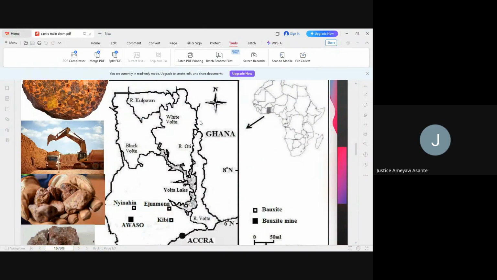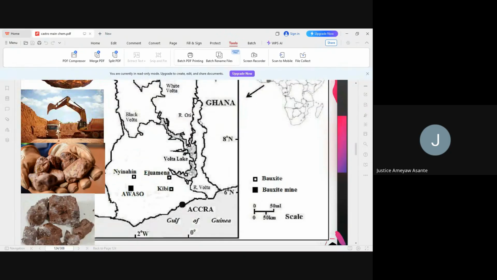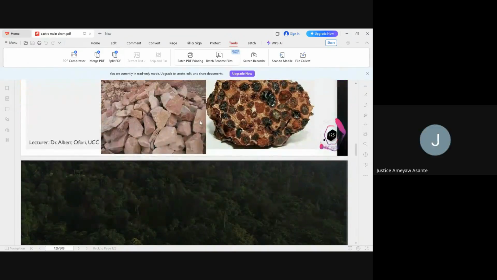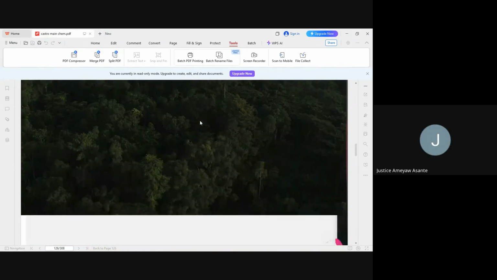So in Ghana here, you can locate these minerals, the bauxites, at Awaso, and Kibi. And this is a sample of the bauxite.